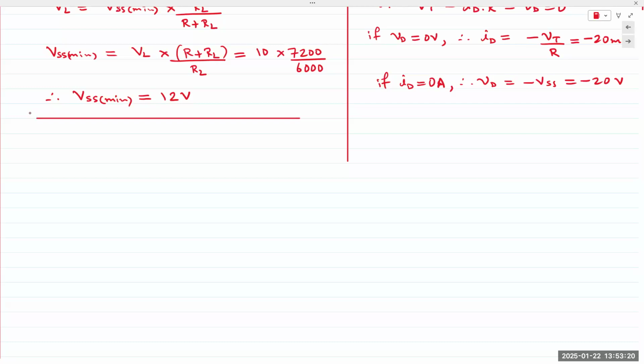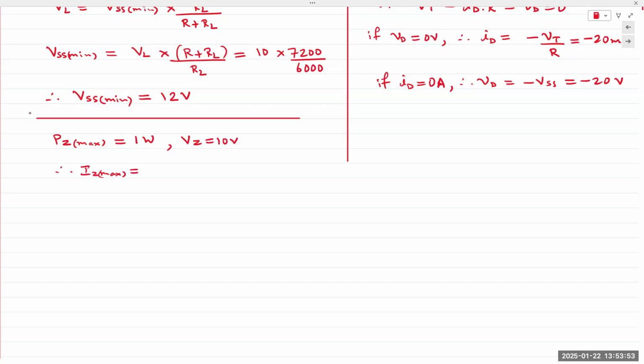So let's assume PZ or PZ max is equal to 1 watt. If PZ max is 1 watt, given that VZ is 10 volts, we can determine IZ max, meaning the maximum current that the Zener diode can handle without exploding, right?